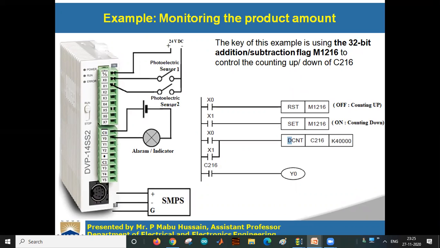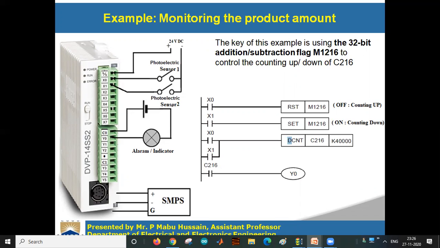Here also you are going to use one counter which is not only an up counter, it has to measure down counting also. The key for this example is that you have to use the 32-bit addition or subtraction flag M1216. M1216 is a flag register. By switching it on and off, you can make one counter measure either up or down.